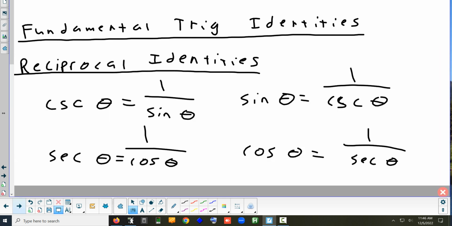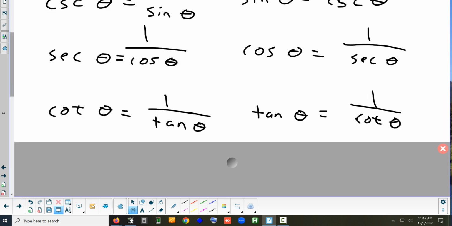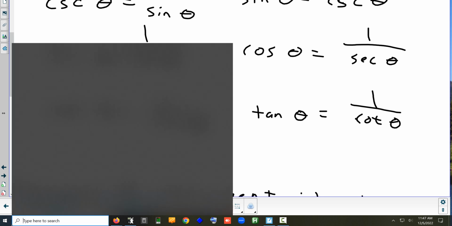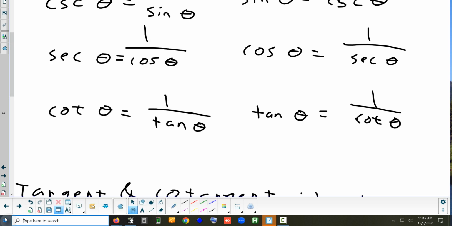So the first group of fundamental trig identities are the reciprocal ones. You could just write reciprocal because you already have all the reciprocal ones written down. We already did that. The next group are what we call the tangent and cotangent identities.